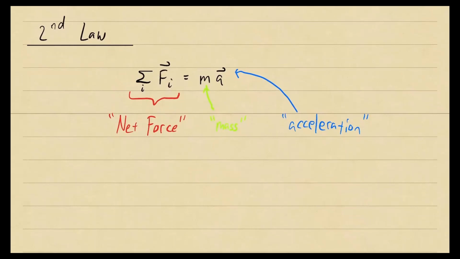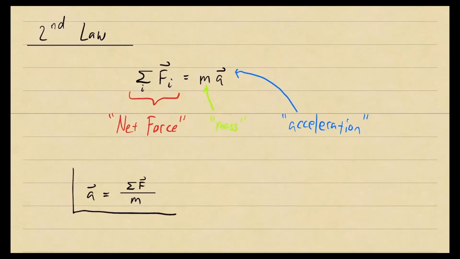So in words or in equations, this is saying that the acceleration that an object feels, actually, let me move it down here a little bit. The acceleration that an object feels is equal to the sum of the forces acting on that object divided by the mass.